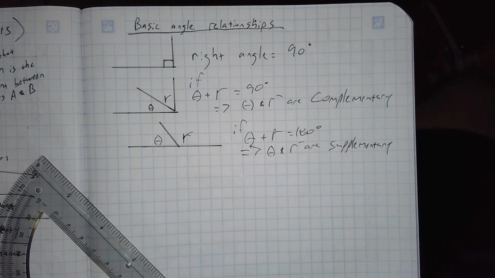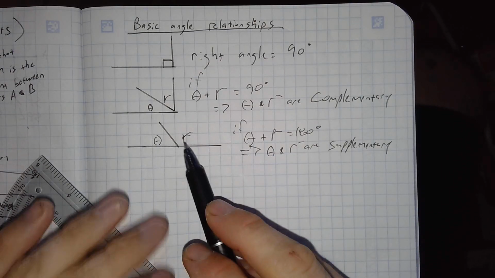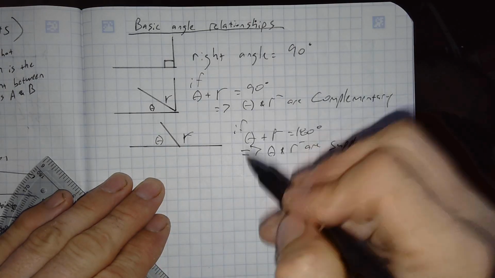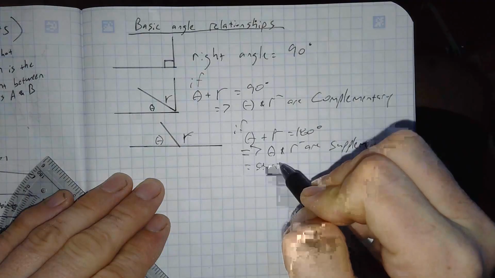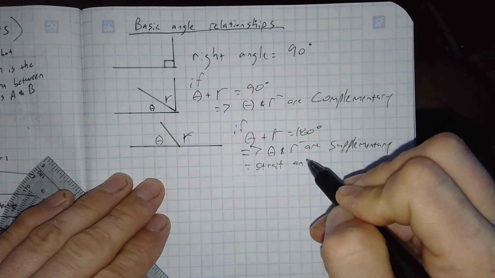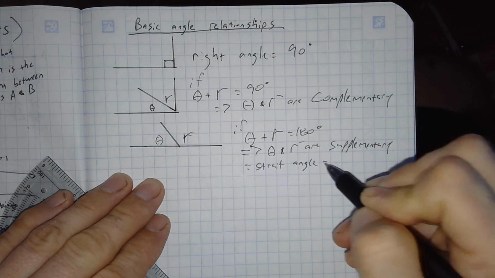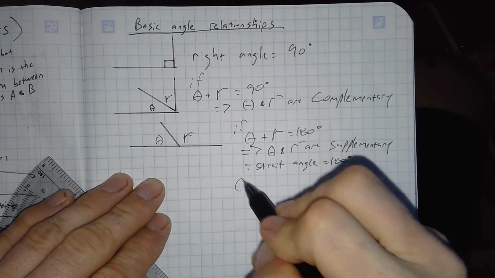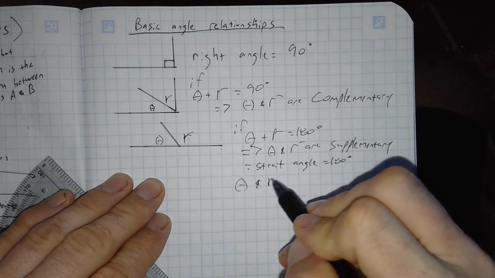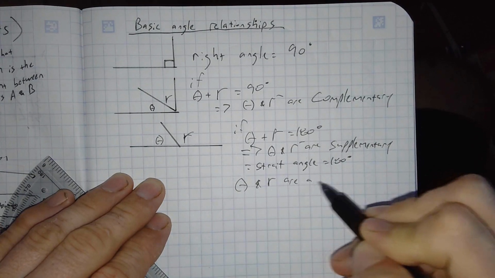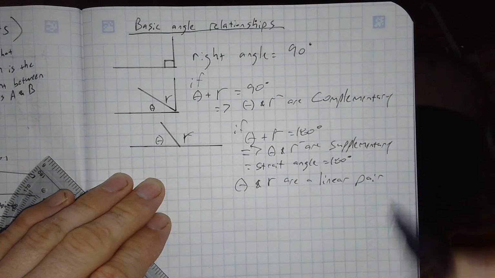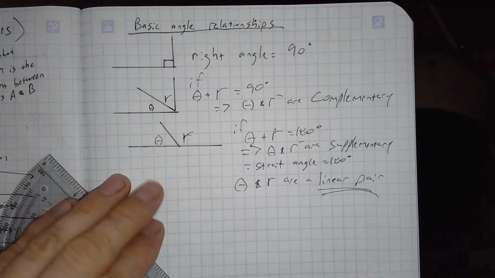Supplementary. Okay, so those are supplementary angles. They're also a pair of angles that make a straight angle or a straight line. 180 degrees. These are also known as, or theta and rho are, a linear pair. Okay, so a linear pair, they make a straight line.